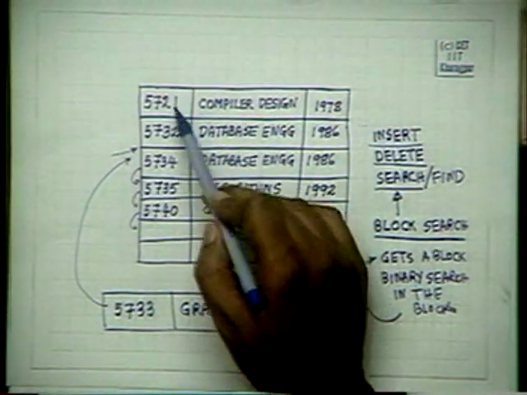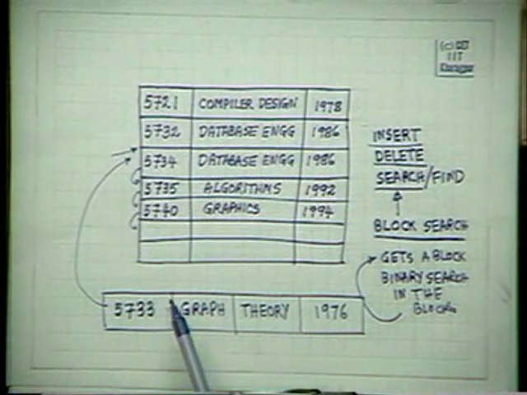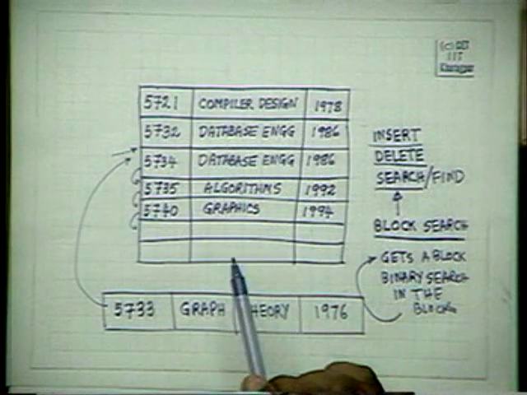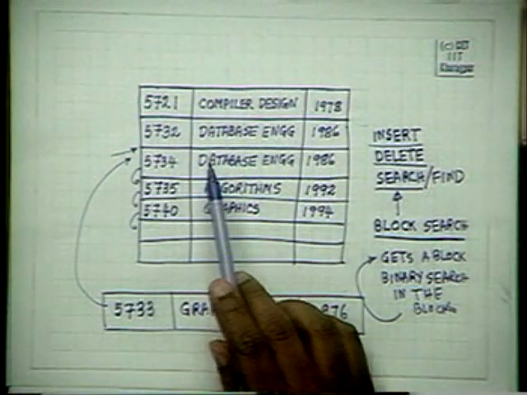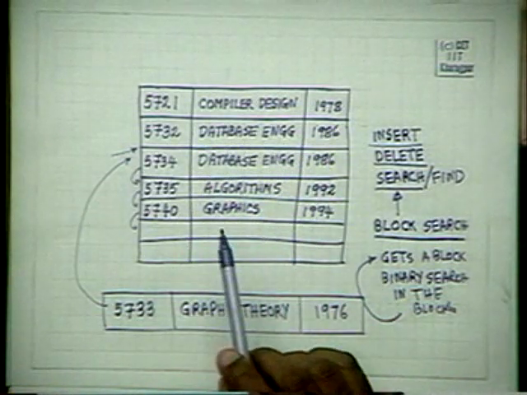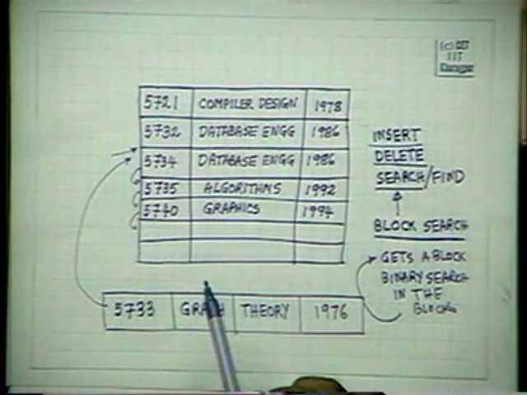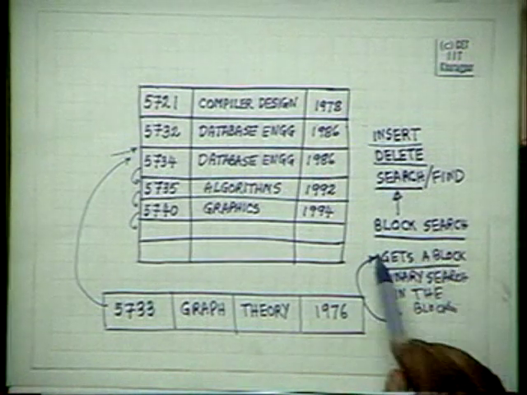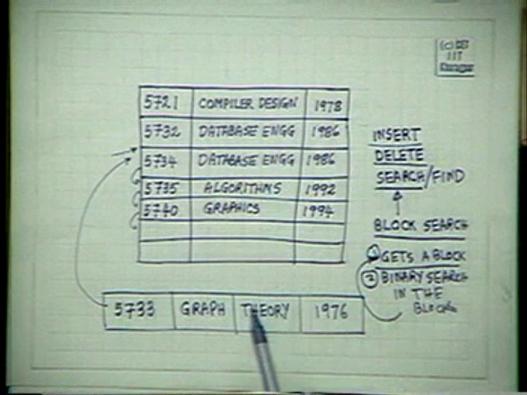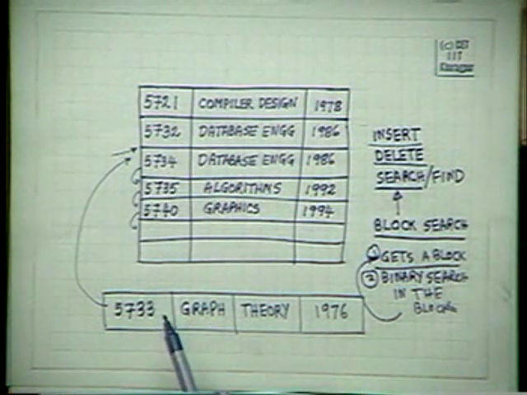If it was a sequential file in a normal operating system environment, where we write a program, we would have accessed it record by record. But here, since we will access it block by block, in one block we can do binary search. So get a block and perform binary search on that block. This is what we will do for a search operation.